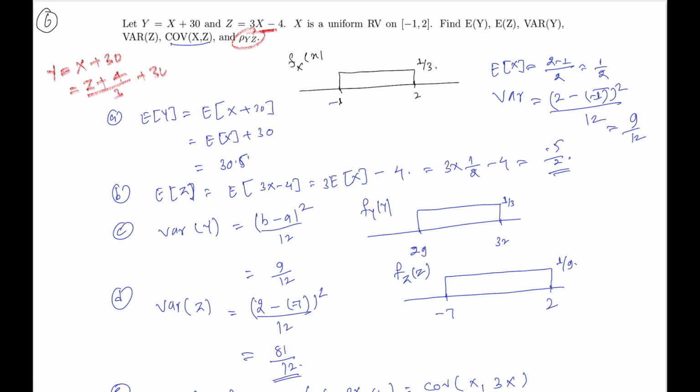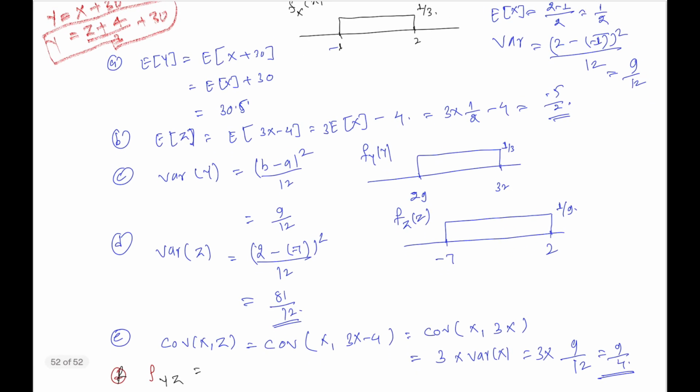So y and z have a linear relationship and the slope is positive, so we can directly say that the correlation coefficient will be plus 1. If you are interested, we have done multiple examples of finding the correlation coefficient. You can proceed and calculate it between y and z, and you will find that it turns out to be plus 1.